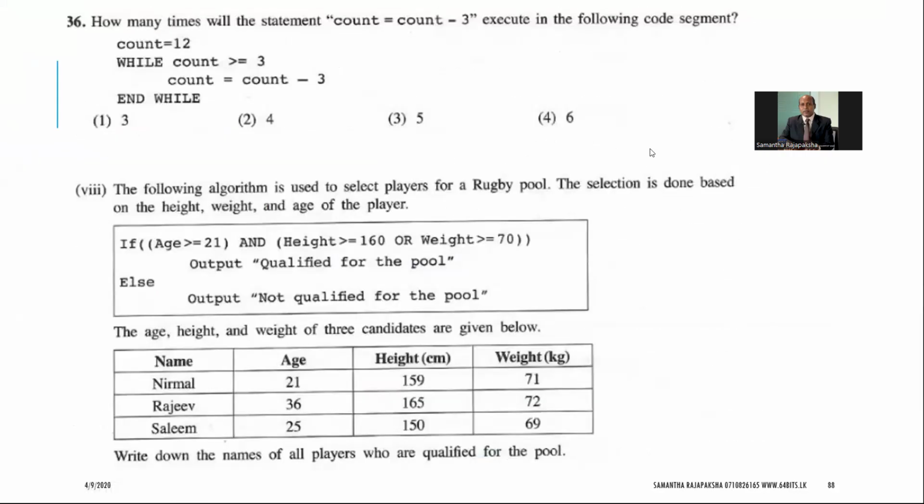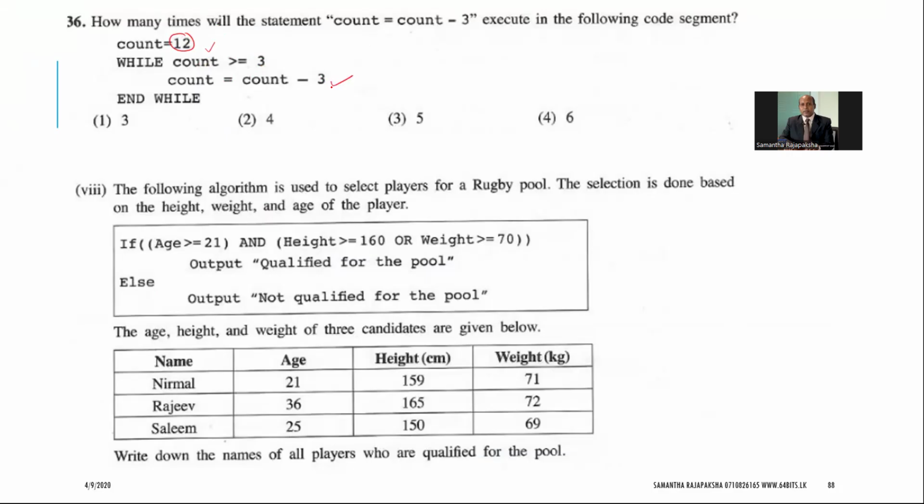Then the next one: how many times will the statement count equals count minus 3 be executed? Again, you can use the starting value 12 and create the table. Count is 12. You check this condition: 12 is larger than or equal to 3, yes, so this will be executed.